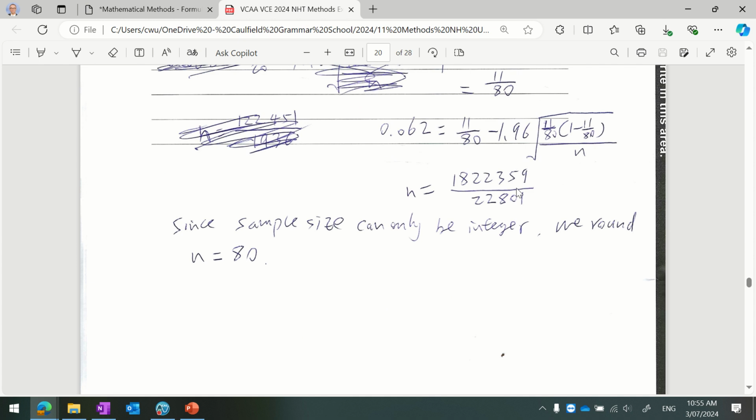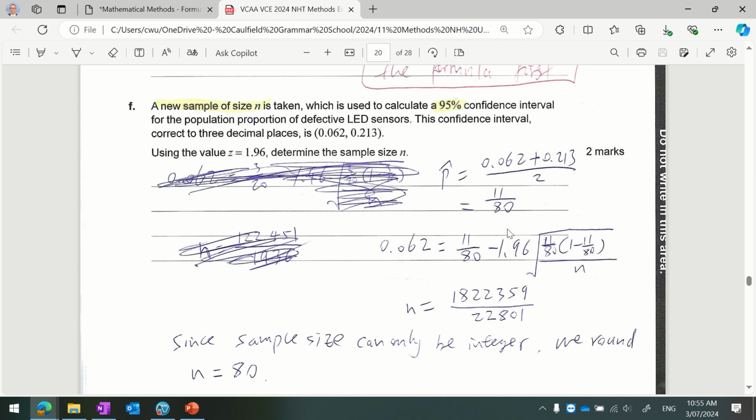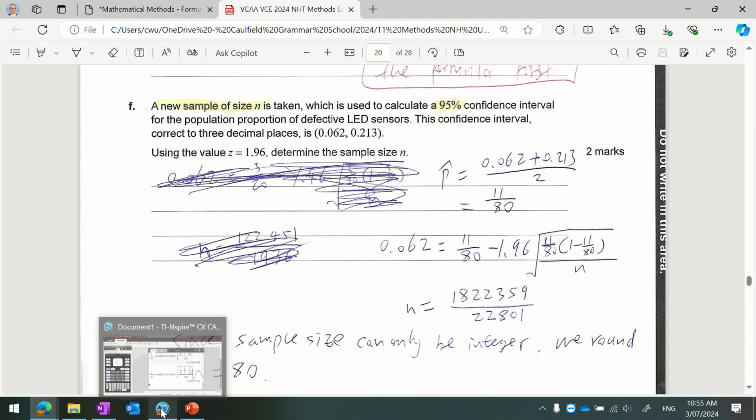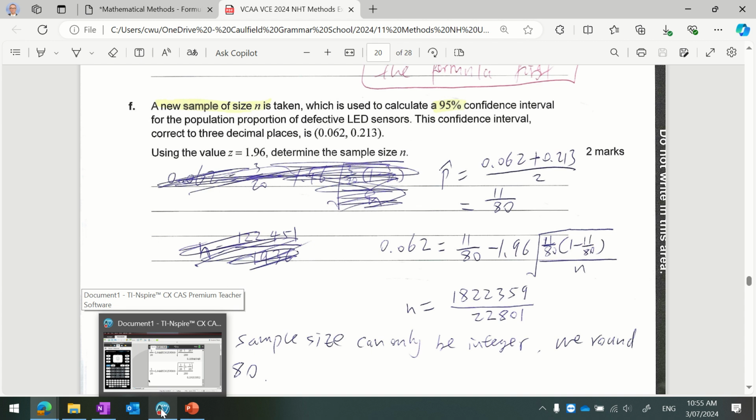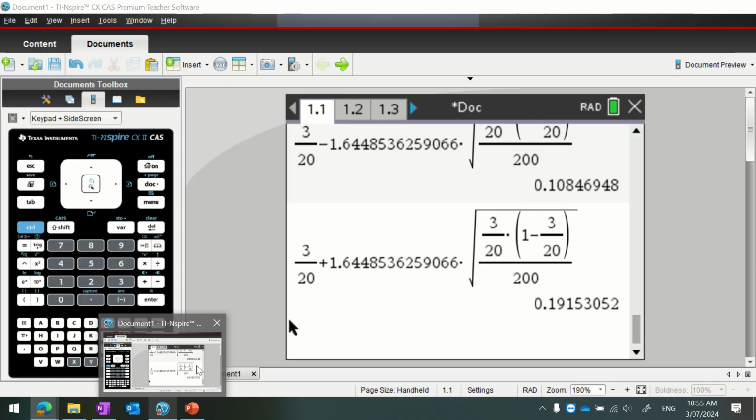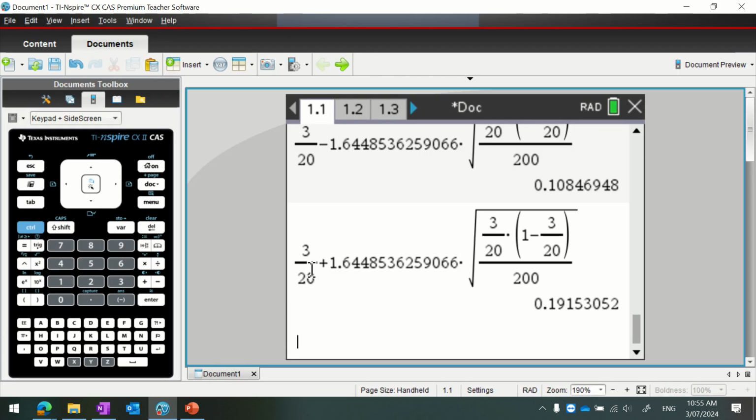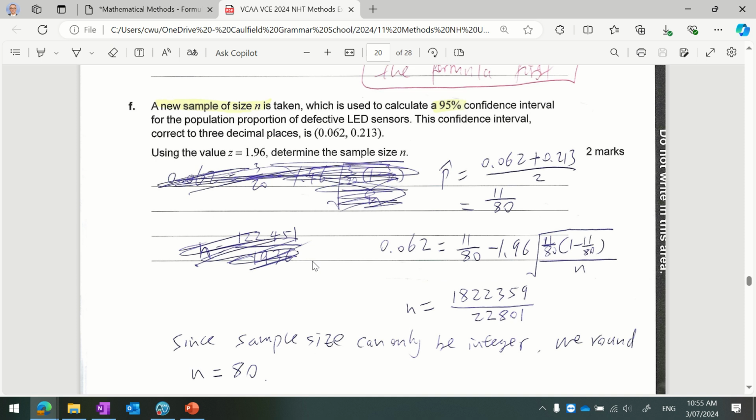Now, this is a decimal number. N can only be an integer. So we round this to n equals 80. Because if I can type this, what do I want to type? So it's going to be annoying to do.